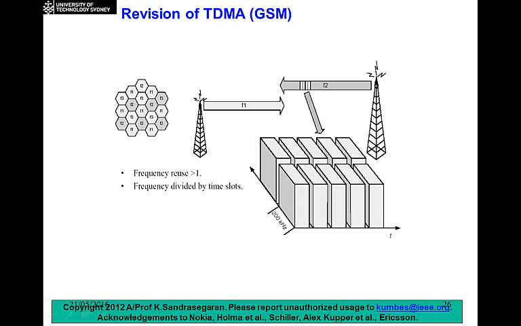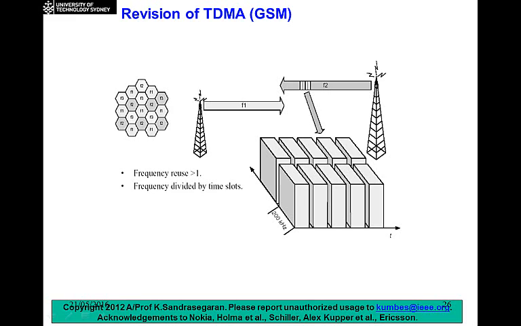Previously we looked at GSM and GPRS, and we noted that in both GSM as well as in GPRS, we had this idea of a carrier frequency being used, and we had to ensure that every cell had a carrier frequency which we did not use in adjacent cells.